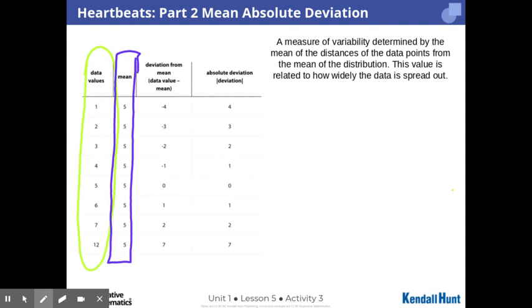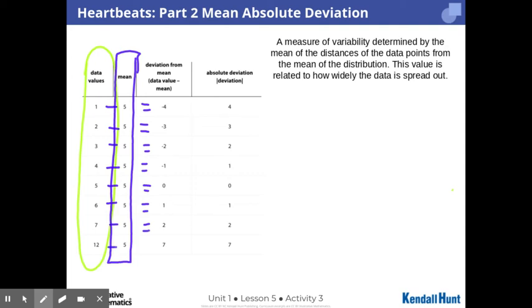And so how we find the deviation from the mean is to take the data value and subtract the mean from it. So 1 minus 5 equals negative 4. 2 minus 5 equals negative 3. 3 minus 5 equals negative 2. 4 minus 5 equals negative 1. 5 minus 5 is 0. 6 minus 5 is 1. 7 minus 5 is 2.